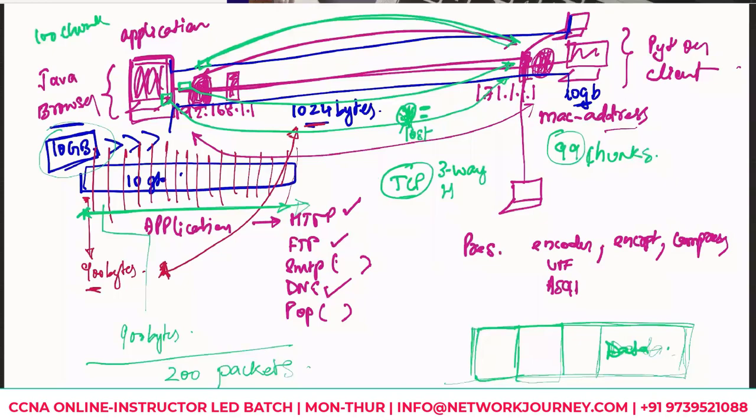It will send one SYN packet, a small packet. The other person has to reply back with SYN-ACK. Now this side will send back an acknowledge packet: yes, I have received your SYN-ACK, I'm sending my acknowledge. After that, it will send one small chunk over that path.